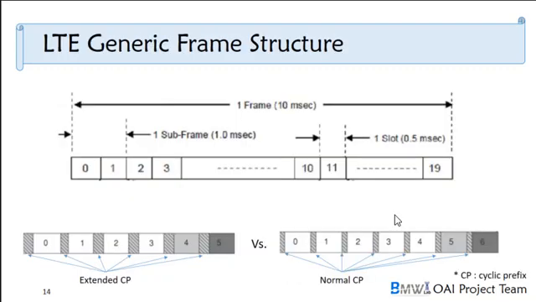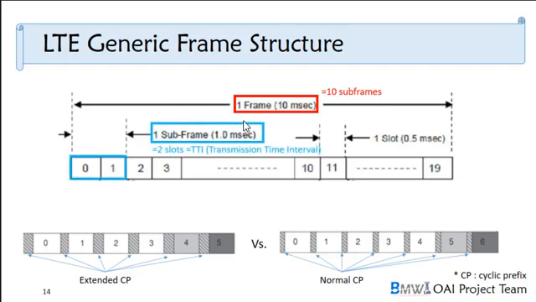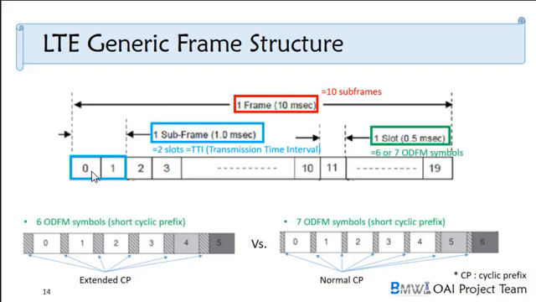This is the LTE generic frame structure. You can see in one frame there are 10 subframes, and in one subframe there are 2 slots. In one slot we have 6 or 7 OFDM symbols.